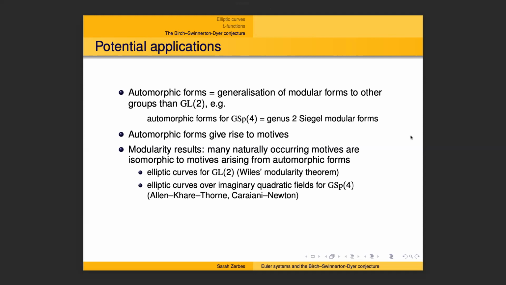So, Allen, Calegari, and Thorne, and then they proved some partial results, which were completed by Caraiani and Newton. So they show that the motives attached to those elliptic curves correspond to motives attached to genus 2 Siegel modular forms. And there are some partial results by Boxer, Calegari, Gee, and Pilloni, which says that motives attached to abelian surfaces arise also from motives of automorphic forms for the symplectic group GSp4.